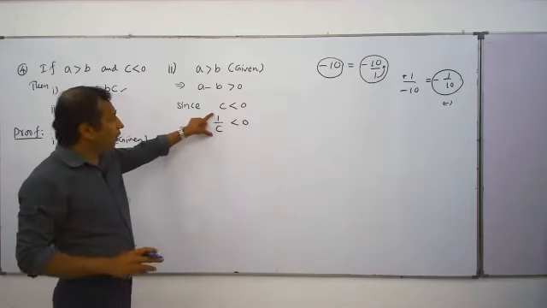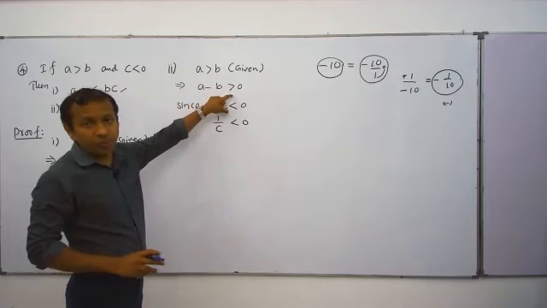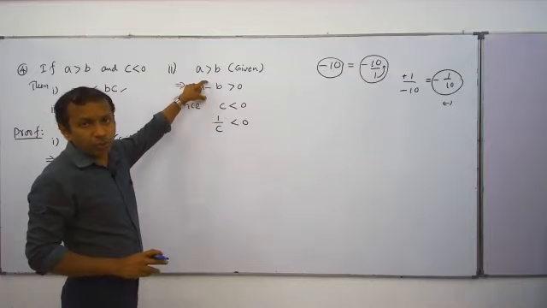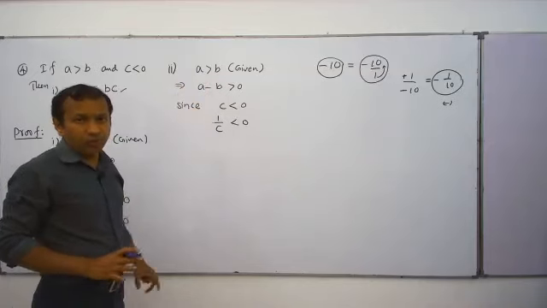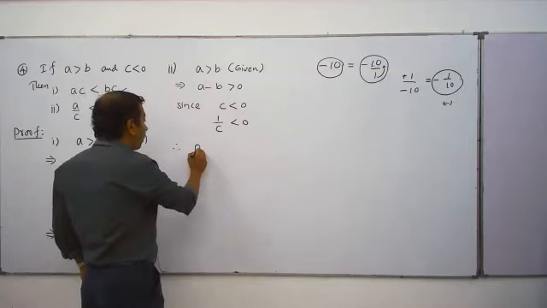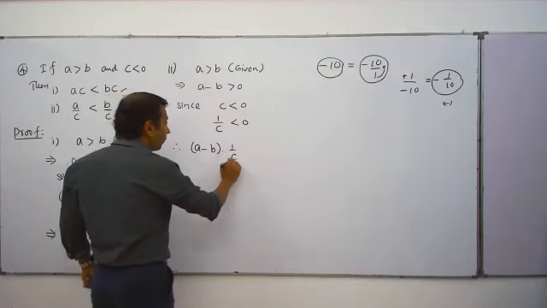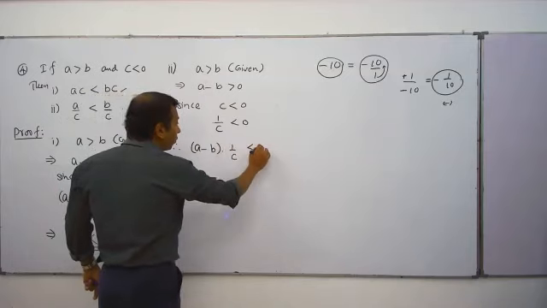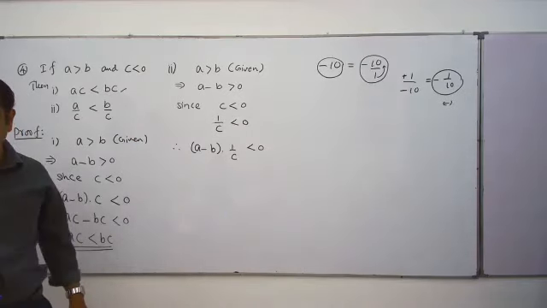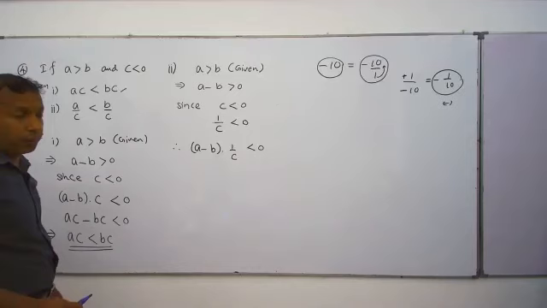Now this 1 upon c negative, a minus b positive. What if we multiply this a minus b with this 1 upon c? Positive value multiplied by negative value, the product is negative, no? So therefore, a minus b multiplied by 1 upon c, the product should be negative because when you multiply a positive value and a negative value, the answer is negative.